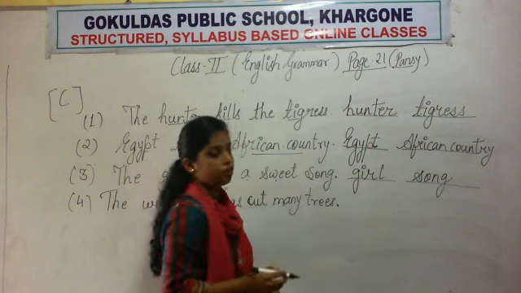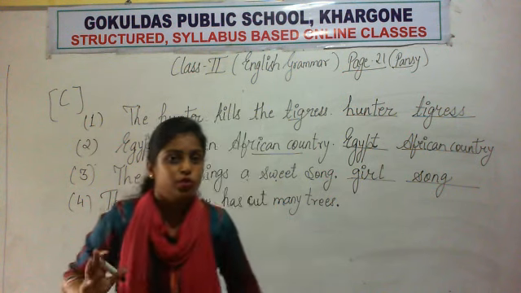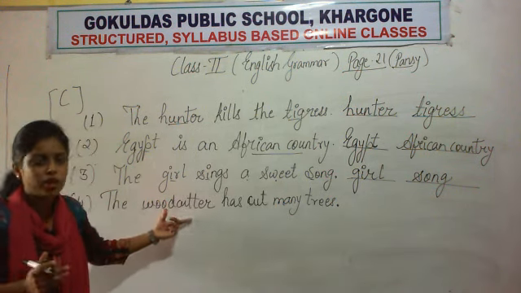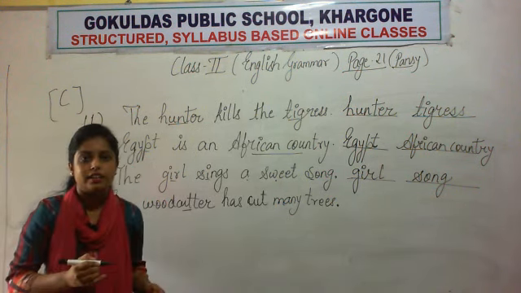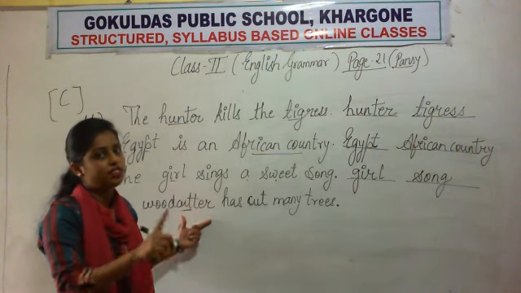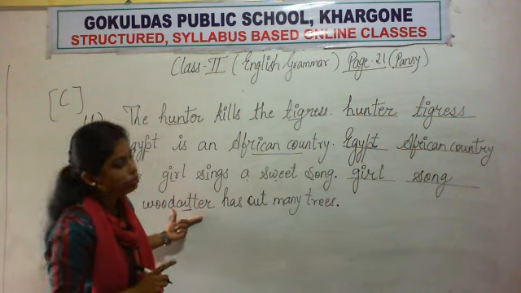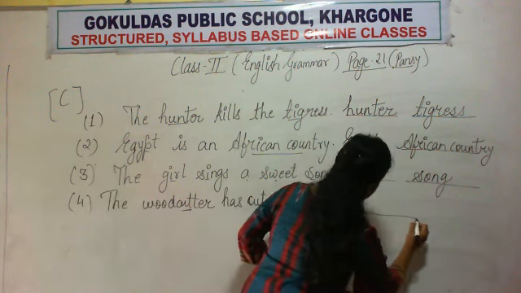Okay. woodcutter ने बहुत सारे पेड़ काट दिए हैं. तो woodcutter, who is a woodcutter? It's a person. कोई person ही काटेगा ना पेड़. Okay. So woodcutter, वो person जो लकड़ियाँ काटता है, we call that person a woodcutter. So woodcutter, it is a person. He is a person, right? So we will write it here.